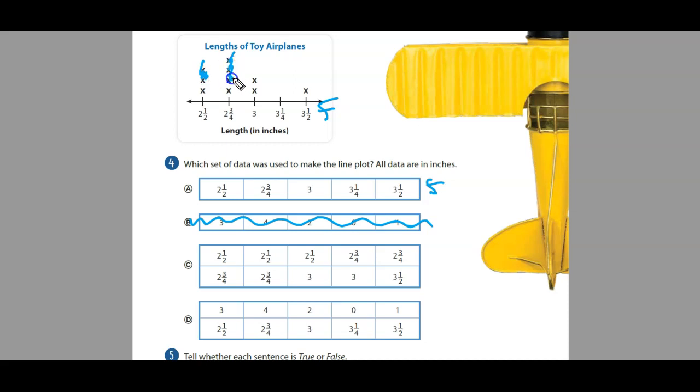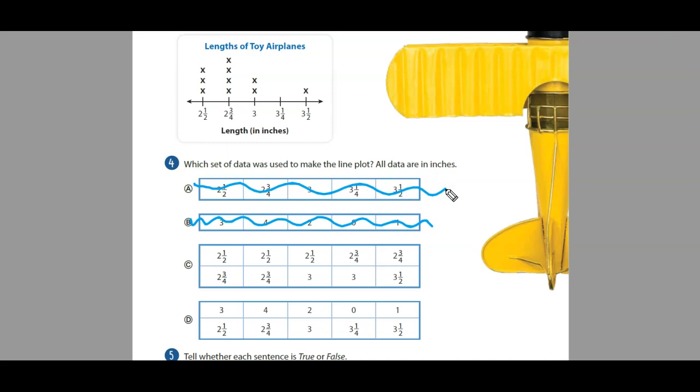There's only one X in 3 3/4. There's one X in 3. There's one X in 3 1/4, and there's one X in 3 1/2. Is that what it looks like? With one X all the way across? No, it doesn't. So it can't be A.